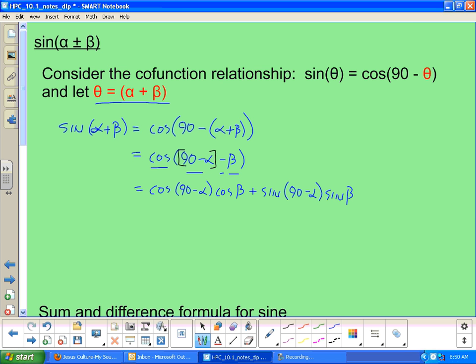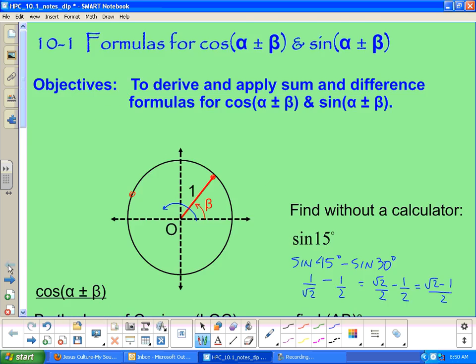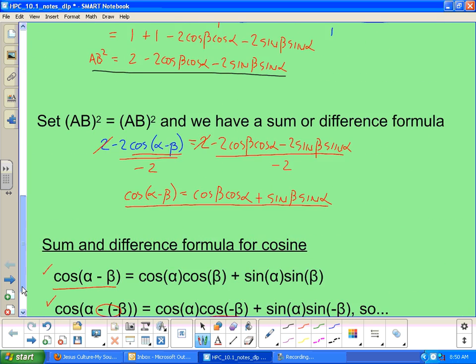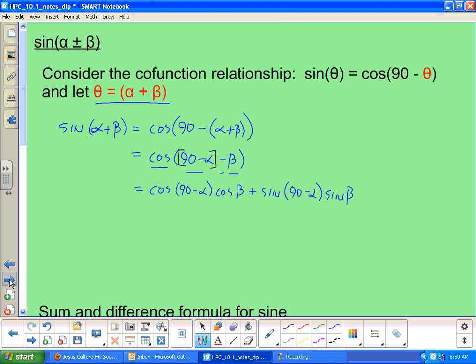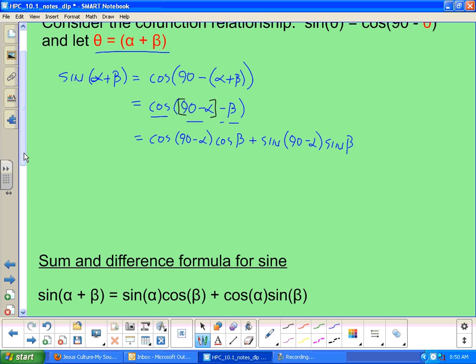So where did that come from? That just came from the derivation we have for cosines of an angle minus another angle. Cosine alpha, cosine beta plus sine alpha, sine beta. So that's all we've done.